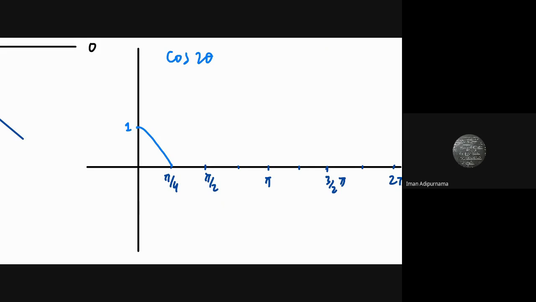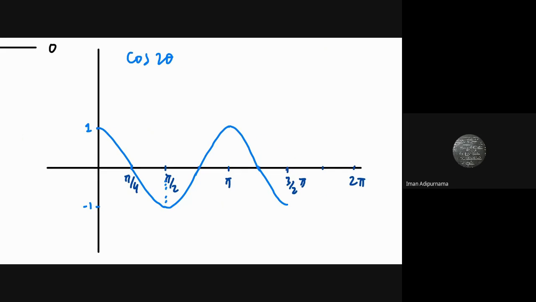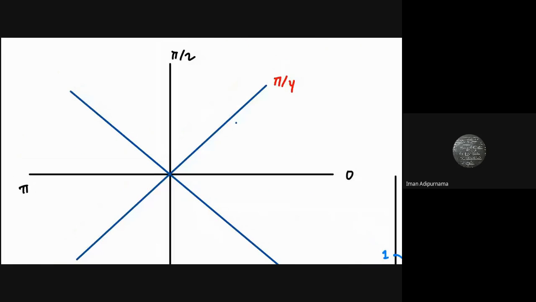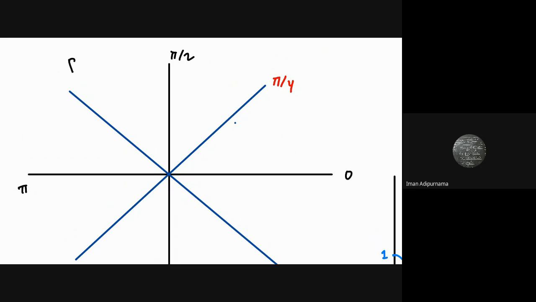So this is the negative 1. And then going up, and then going here, and then going down, right? And then going up again, until here. This is what the cosine looks like, our regular cosine. We need to put this graph inside the polar. This is the polar axis. This is the polar curve that we want to make.